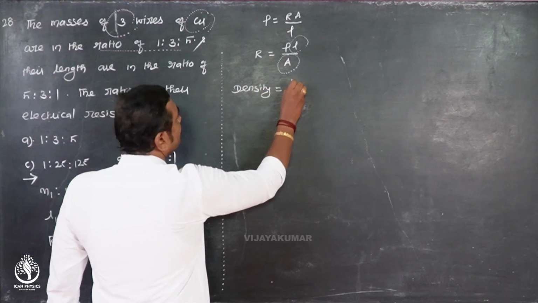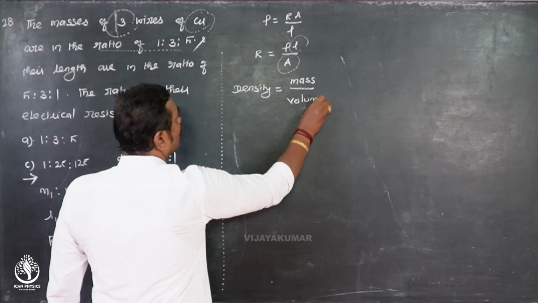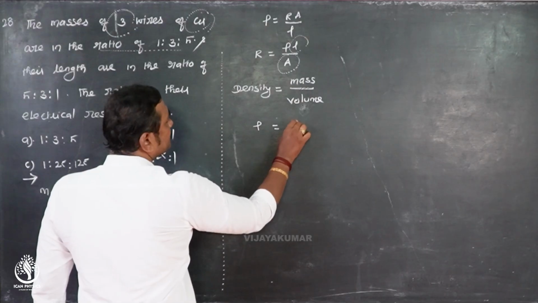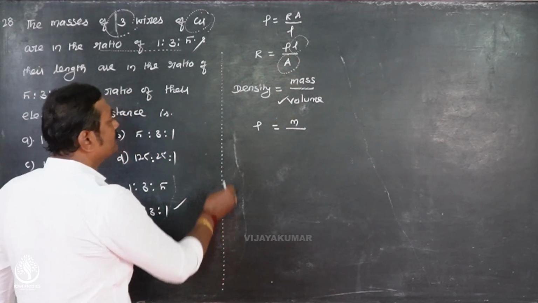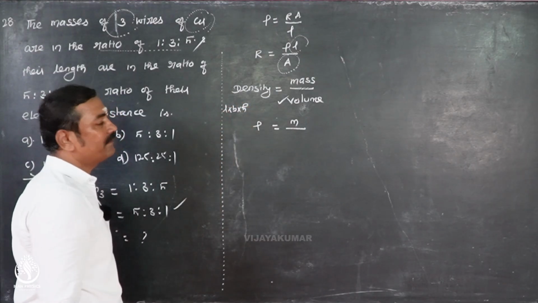Density equals mass by volume. So density rho equals mass M over volume. How can we find volume? Suppose L into B into H is the volume.